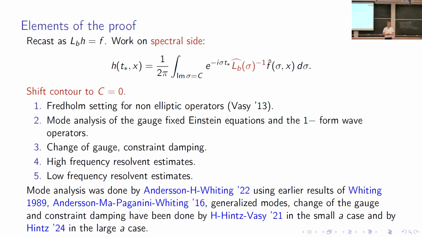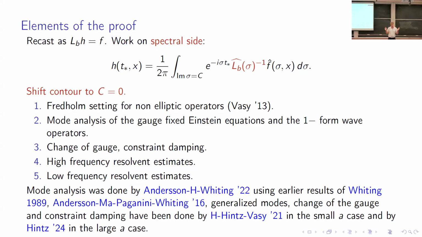So can I get, in this setting, a Fredholm setting? And if you have a Fredholm setting, then excluding growing solutions is just the question of modes. This starts, of course, with Whiting's result for Teukolsky, and then you have to go to the linearized Einstein equation, to the one-form operator, and so on.